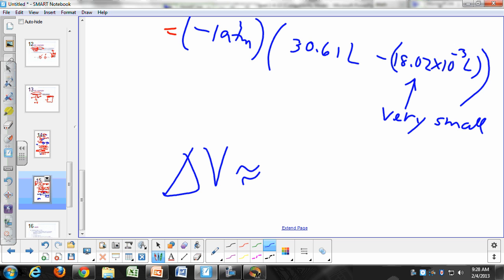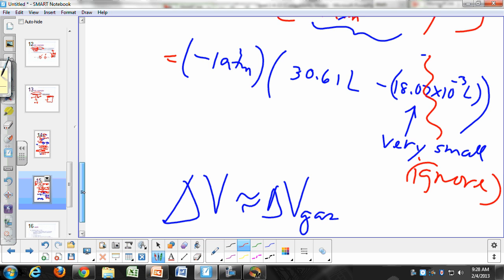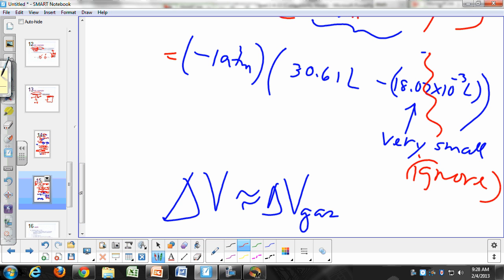Anytime there's gas involved, it will just be delta V for the gas. You can ignore delta V for liquids and solids. You don't have to in this case, but in a lot of cases, it really won't make a difference as far as sig figs go.